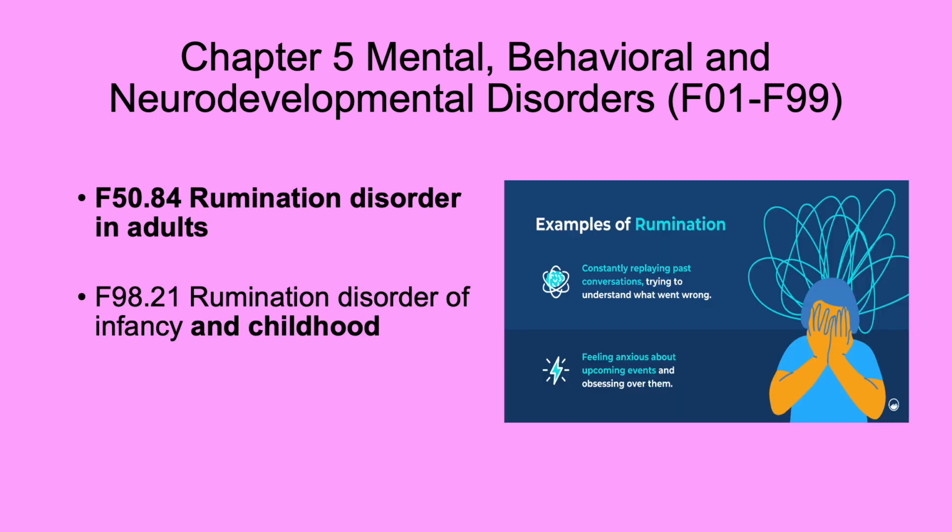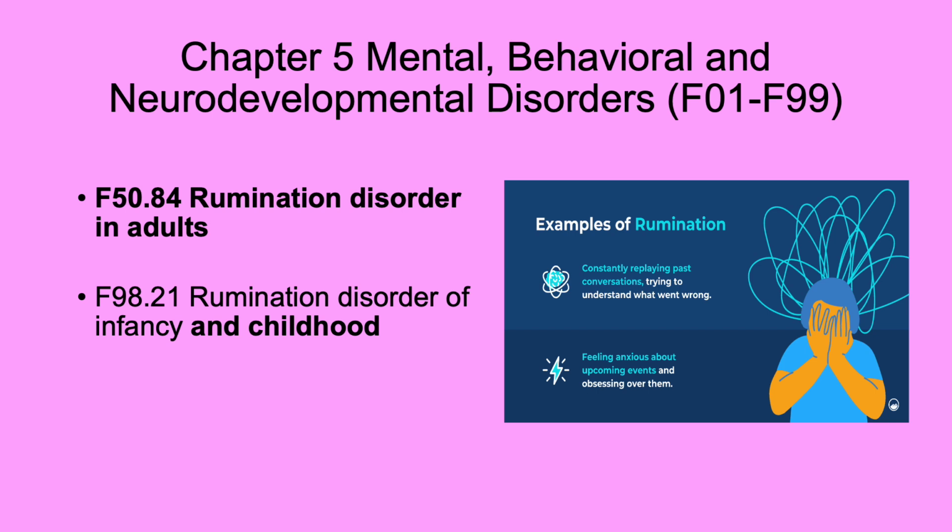Okay, rumination disorder in adults, rumination disorder in infancy and childhood. So again, this is differentiating. New code for rumination disorder in adults, and then F98.21, rumination disorders in infancy, and they added childhood. So you have infancy, childhood, and then you have a new code for adults. So what's rumination disorder?